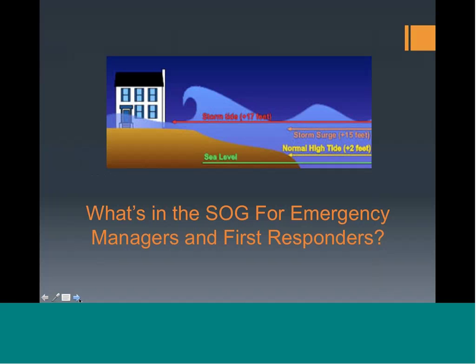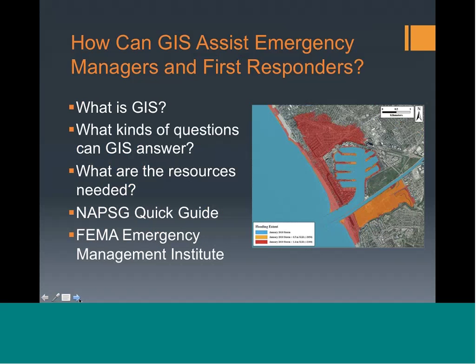The first part of the SOG talks about what the emergency managers and first responders need to know. Yes, what is GIS? That's important to get a basic understanding of, but even more important is the kind of questions it can answer for them.